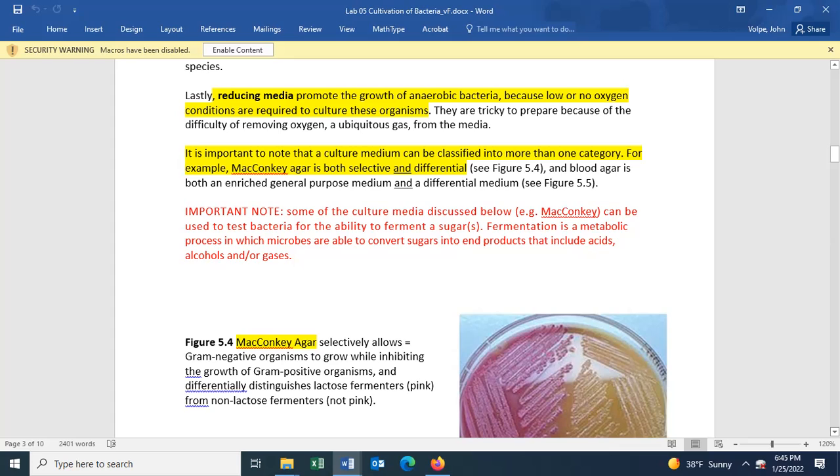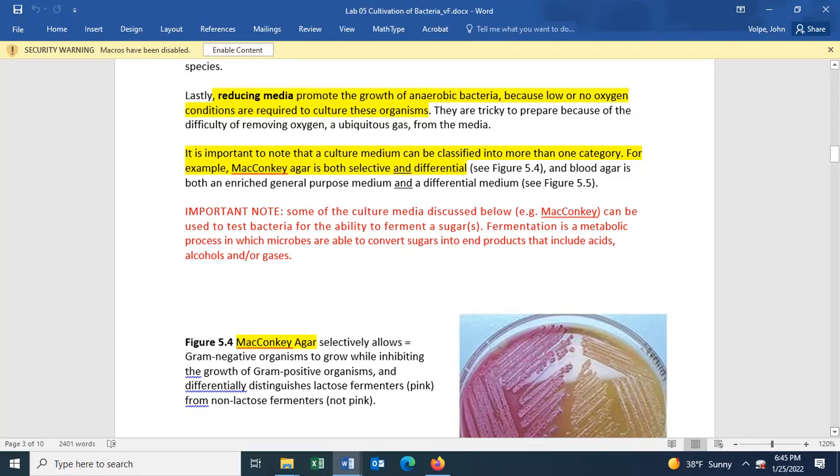And if they're really susceptible to oxygen, they would not grow after being exposed to the air. Usually they can live with brief exposure to the air, so if you're moving just from one culture to another, it's usually not a problem.